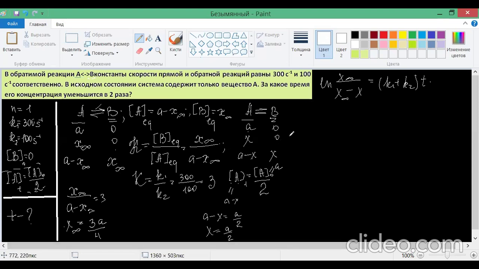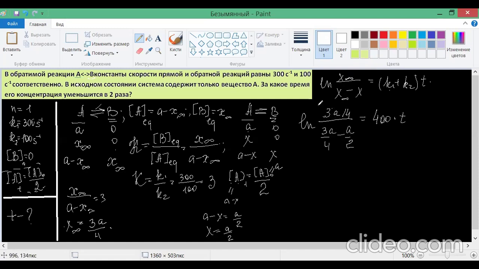Now we can plug these two values into this formula instead of x infinity and x. K1 plus K2 gives 400 t. Now, we got A in the numerator and denominator, and they cancel each other.